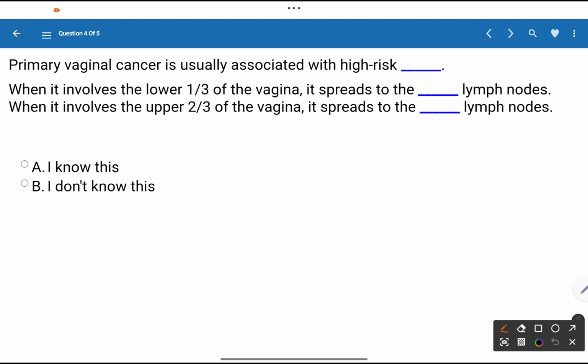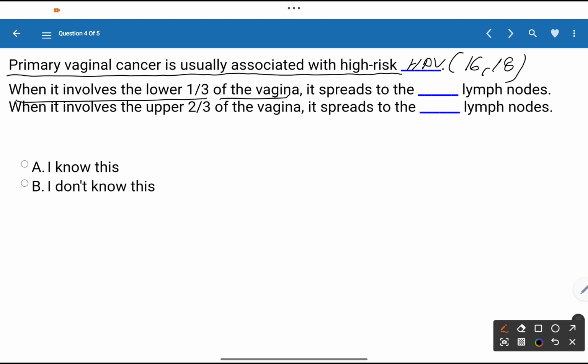Now the next flashcard is about primary vaginal cancer, which is usually associated with high-risk HPV, subtypes 16 and 18. When it involves the lower one third of the vagina, it spreads to the inguinal lymph nodes, as far as I remember.